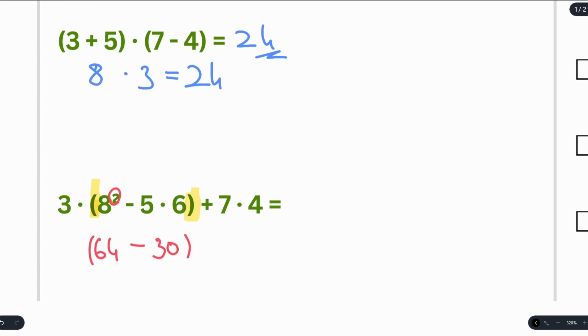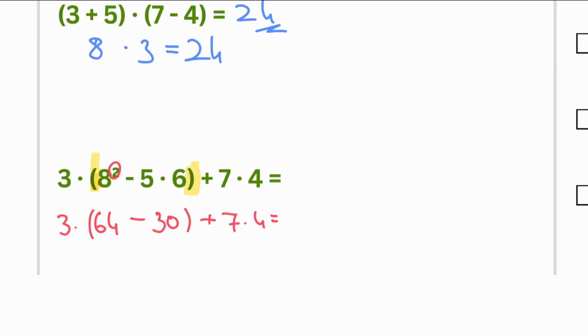We're still inside the parentheses. I can write the rest, plus. Now we will continue from inside. 64 minus 30 is 34. 3 times 34 plus 7 times 4 is 28. We're not done yet.